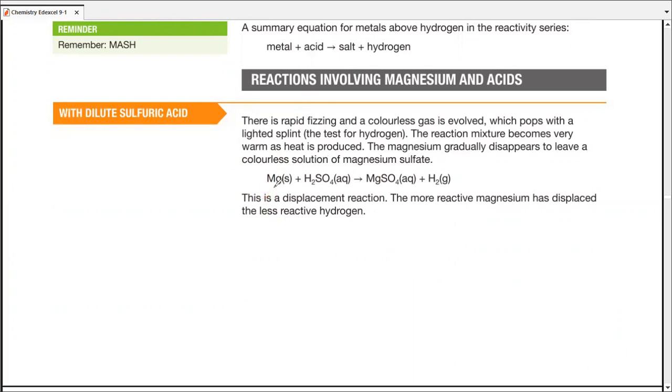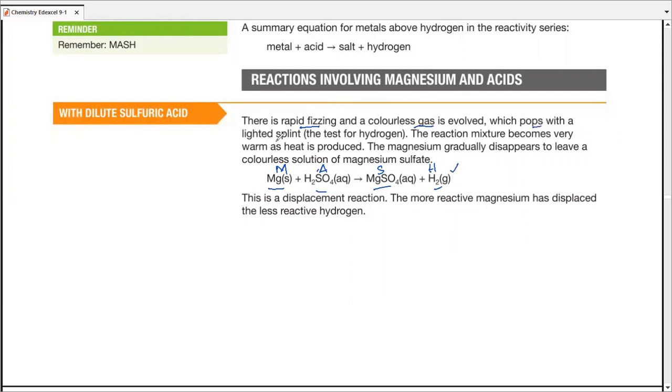So you already are familiar with the reaction. The metal reacts with the acid, it produces a salt, it gives us hydrogen, the MASH is completed. But there is rapid fizzing. Fizzing means effervescence or bubbling, and there is a colorless gas involved, which definitely is hydrogen gas.